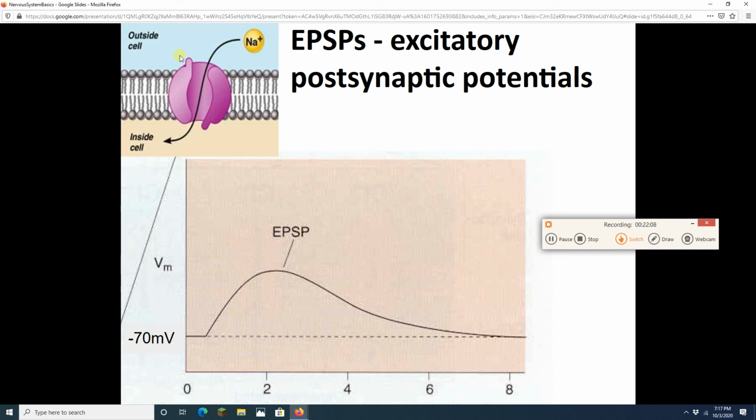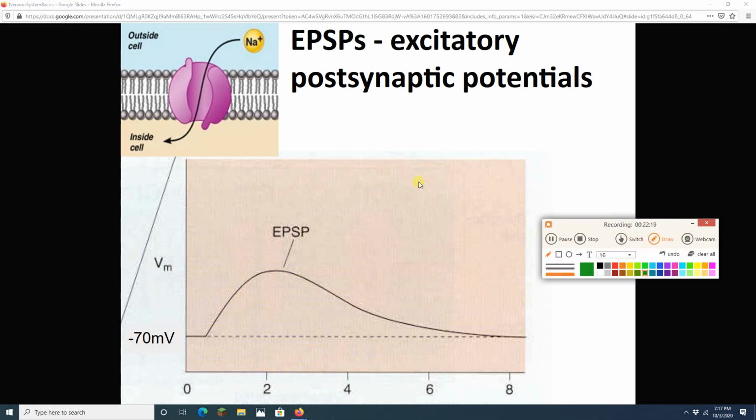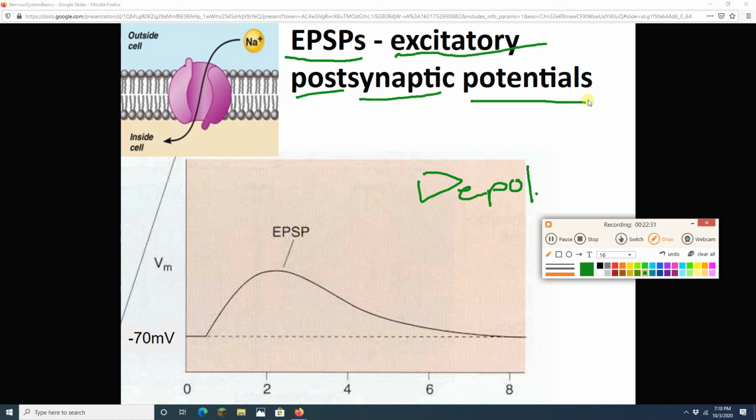If a channel in a neuron opens and sodium rushes in, that will make the membrane potential get more positive. The word for that change is depolarization. A depolarization is an example of an EPSP, an excitatory postsynaptic potential.